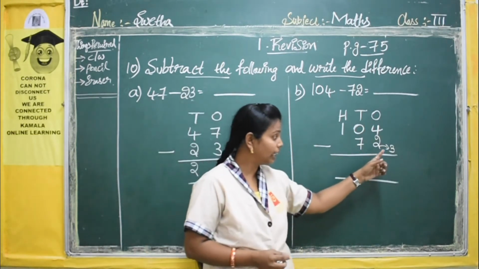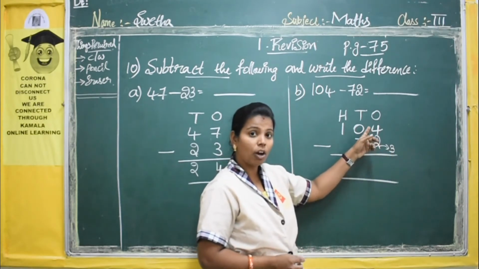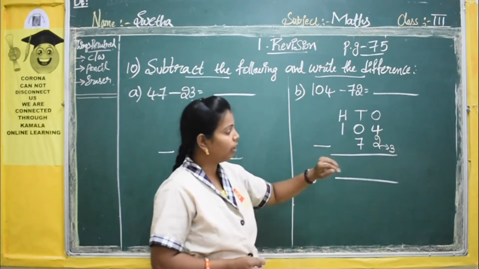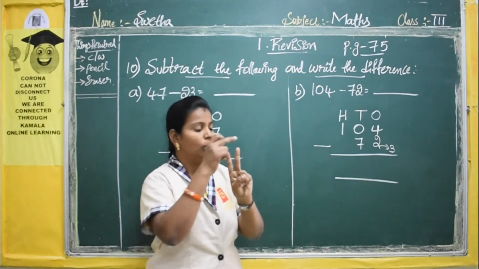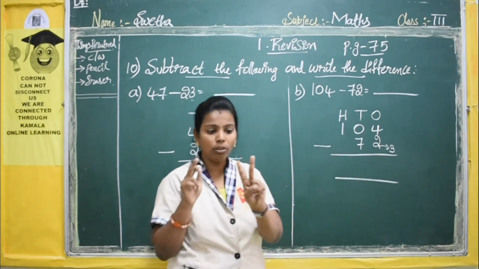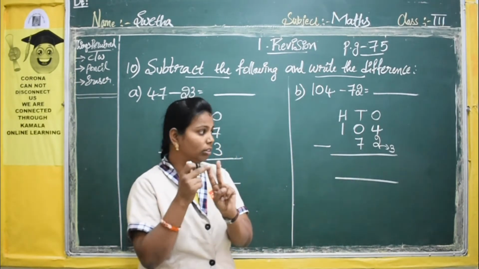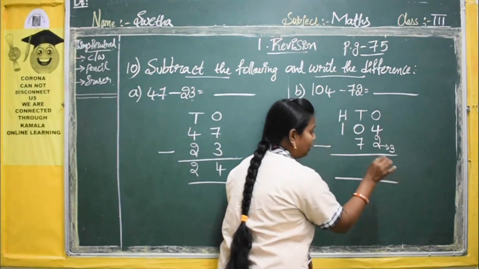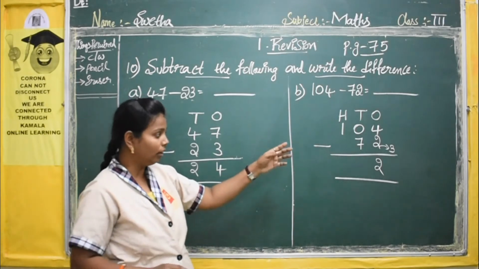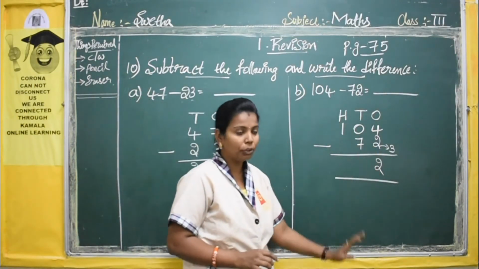So we will start our counting at the third place and we will stop our counting at the fourth place. Okay. So 2 after 3 and 4. So at the fourth place we have to stop now. How many fingers are there now? 2 fingers. So we will write our number 2 in the ones place. So 4 minus 2 is 2.